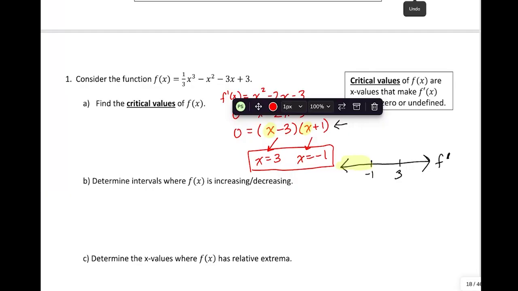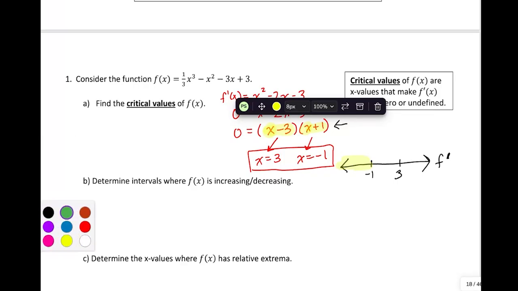That first binomial, negative 10 minus 3, will be negative 13 specifically, but we only care if it's positive or negative. And then if I plug it into the second one, that will also be negative, right? Negative 10 plus 1 is negative. So a negative times a negative is a positive, which means in this interval from negative infinity to negative 1, f prime is positive.